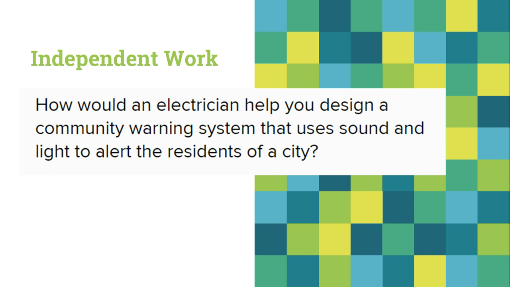We're going to be working on different alarm systems. Now, think about how would an electrician help us to design this. Are we going to be needing electricity to power our alarm system? So think about that and let me know in your book.